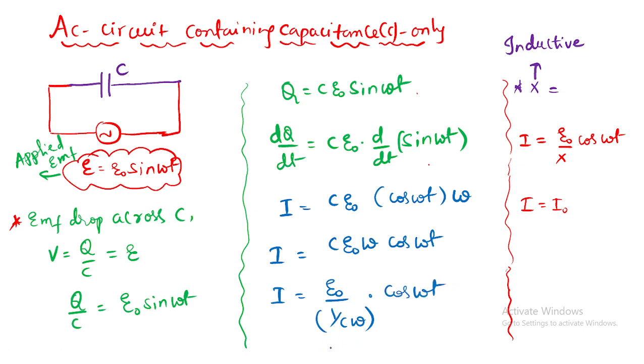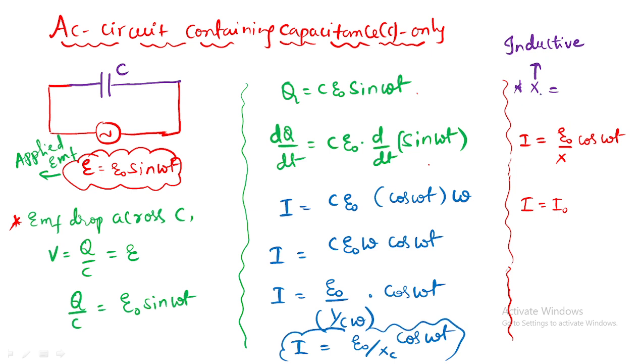So this entire equation will be written as I is equal to E naught divided by 1 by C omega. That I will write as I naught divided by XC, which means capacitive reactance, into cos of omega t.